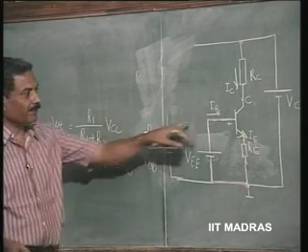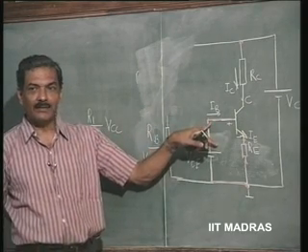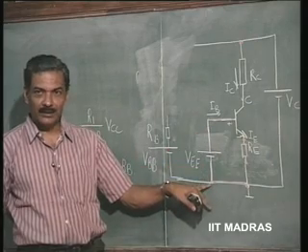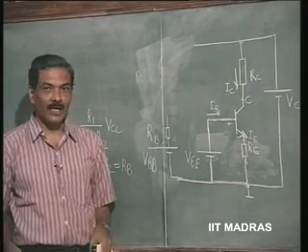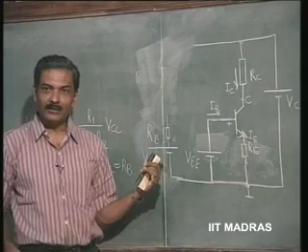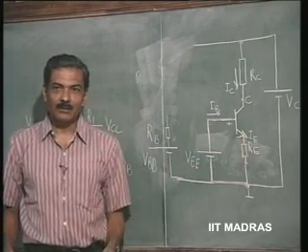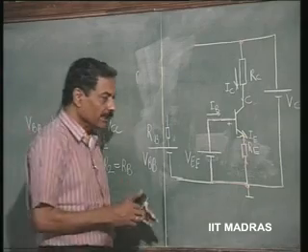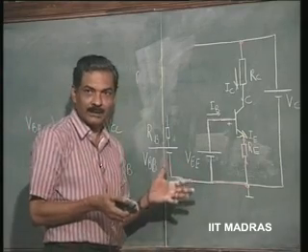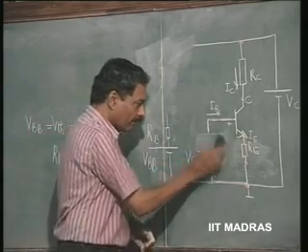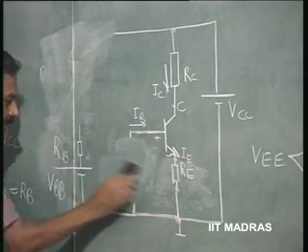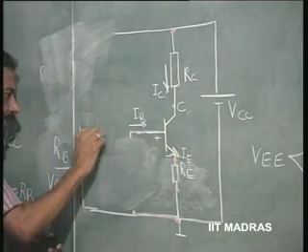So, it is not an ideal battery as envisaged here. There is a series resistance RB. Actually, we would like to have RB as 0 in order to do the stable biasing, but it is not so. So, let us see how this compromise circuit will work. I am removing this battery VEE and replacing it with this kind of arrangement.